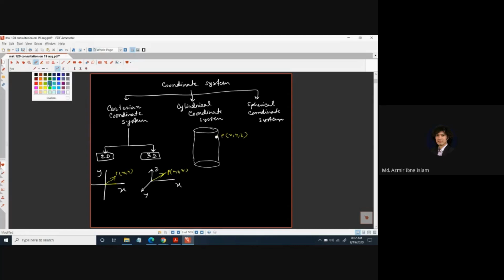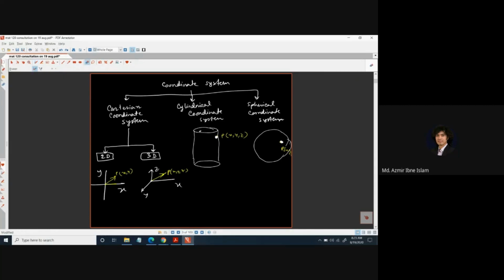Similarly, we have the same point p of x comma y comma z, and instead of Cartesian coordinate system, we can also use a spherical coordinate system. That means you have a sphere. So based on this sphere, you can easily locate the point where it is situated. So that is the way how we can describe coordinate system. You are already familiar with Cartesian coordinate system, but you must have the idea of cylindrical and spherical coordinate besides Cartesian coordinate system.